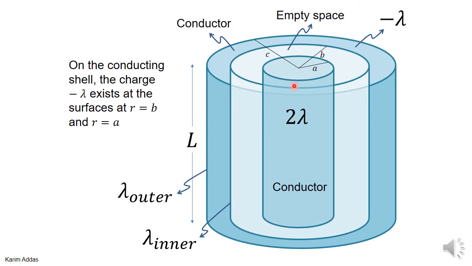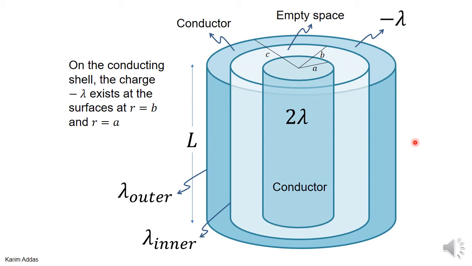So again, the charge per unit length on the solid inner conductor is 2 lambda, and on the outer cylindrical shell it's minus lambda. The 2 and the minus are just trying to show you the relative charge per unit length between them. That's why it's given this way.